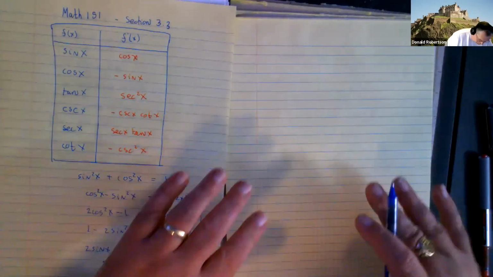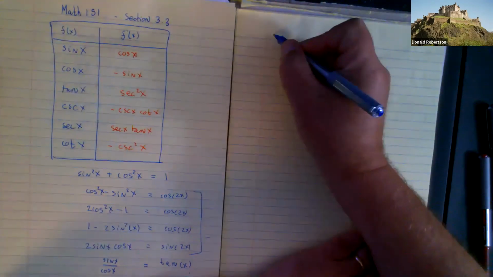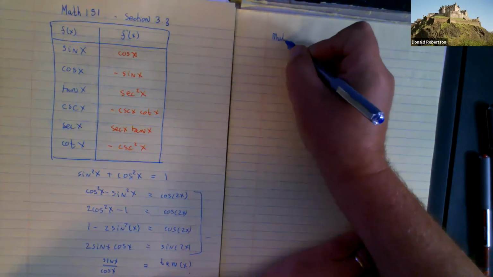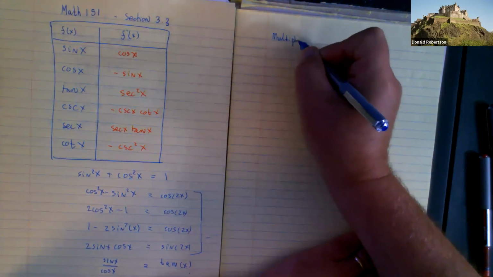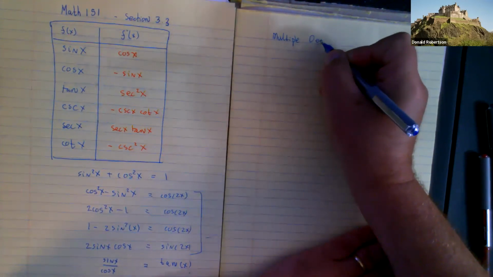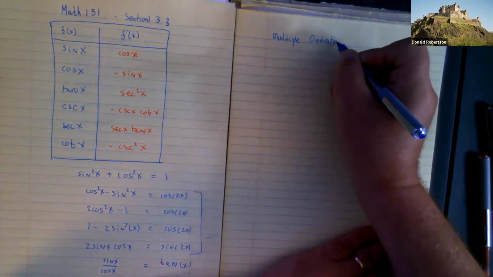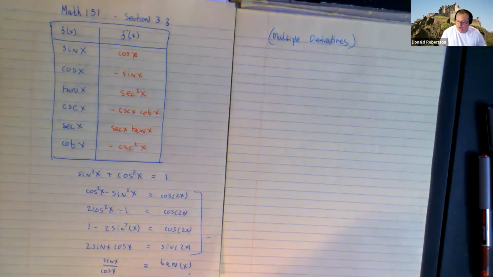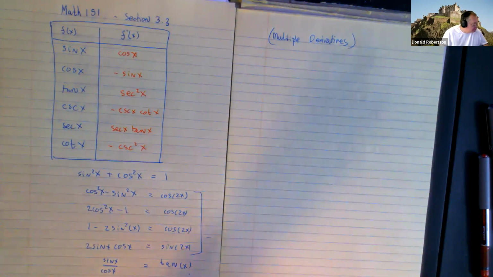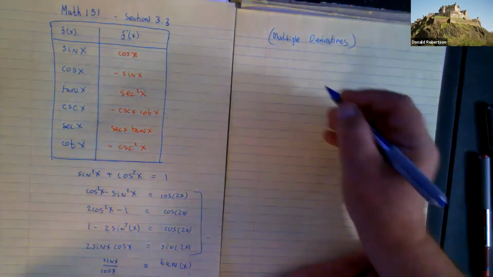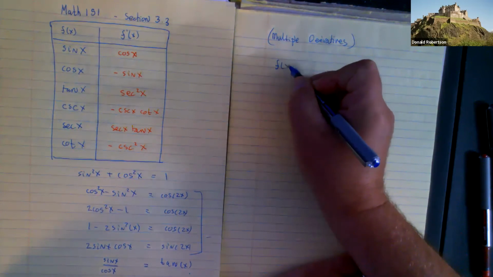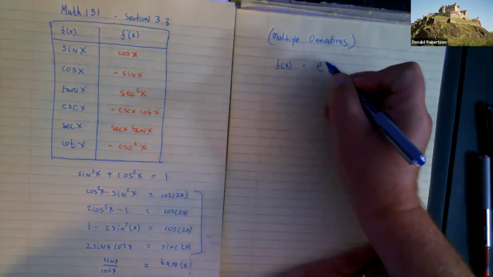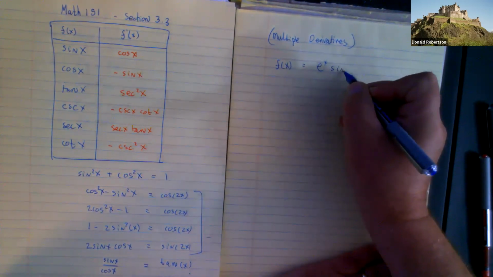So the next thing we're going to do, which is pretty standard, is find multiple derivatives. In other words, not just first derivatives, but first, second, maybe even third. Let's suppose I have the function e to the x sine x.